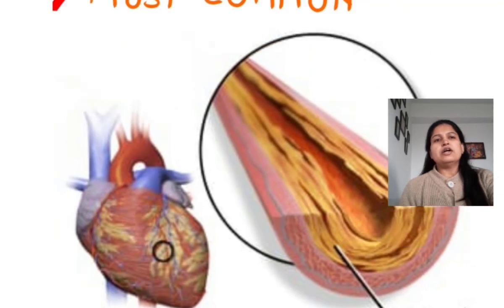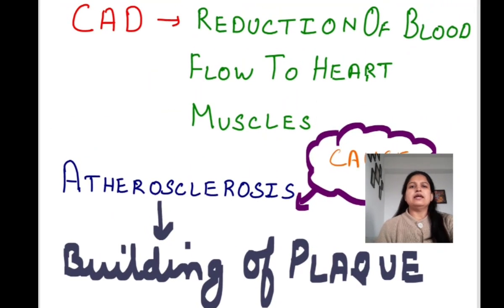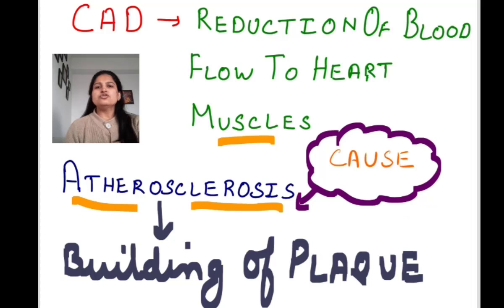So coronary artery disease is basically a disease of the coronary arteries. It leads to the reduction of blood flow to the heart muscles. And why is there a problem in the coronary artery? The main reason behind a problem in the coronary artery is atherosclerosis. So what is atherosclerosis? Atherosclerosis is the building up of a plaque-like substance in the lumen of the arteries.